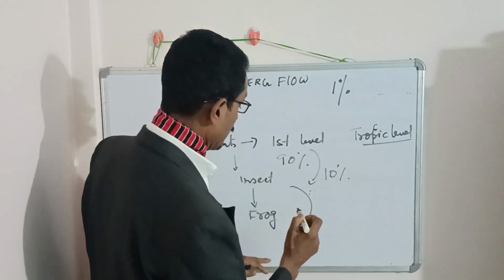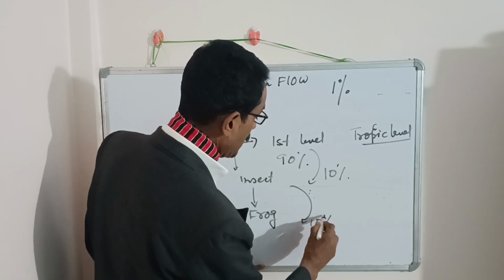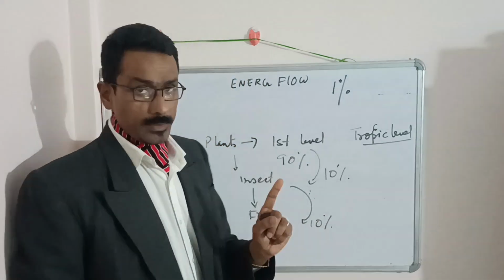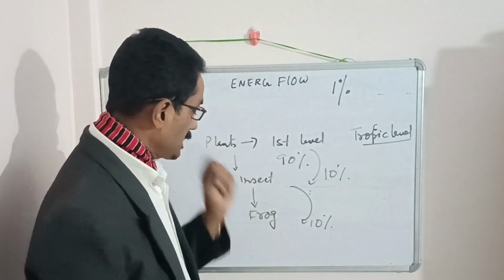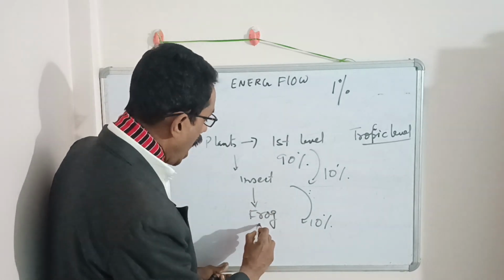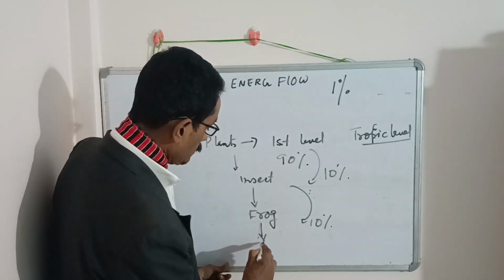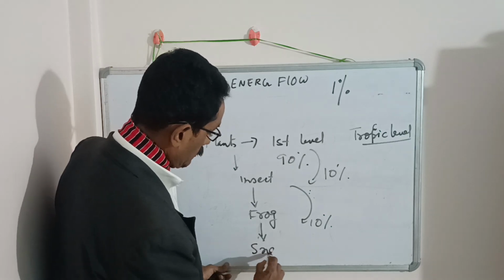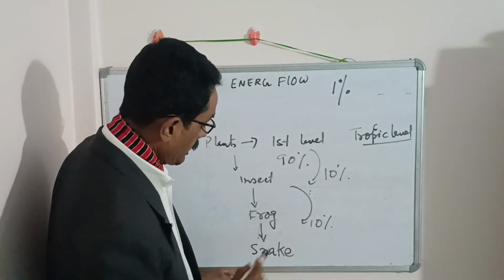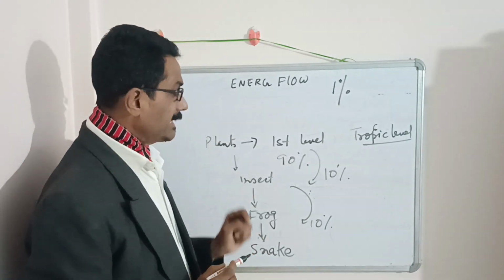This is the next trophic level. So it will be getting 10%. Okay? Now see another thing. The frog is eaten by a snake.